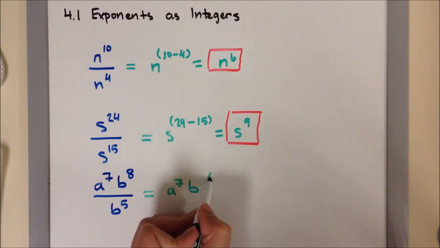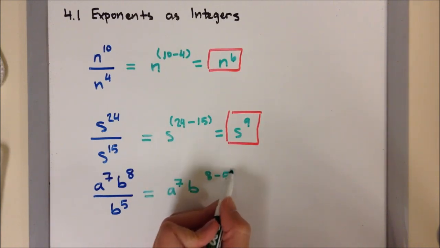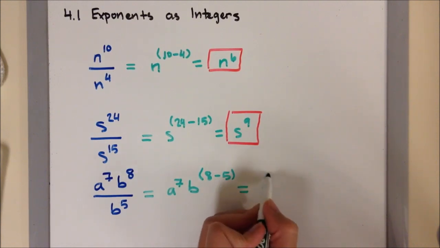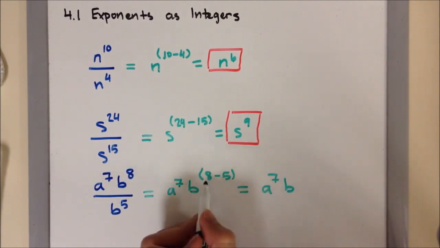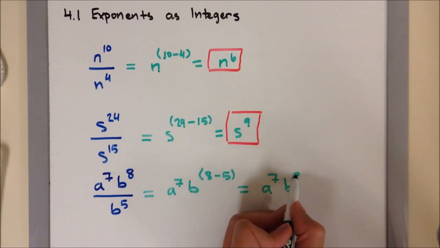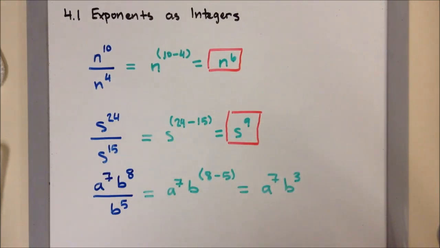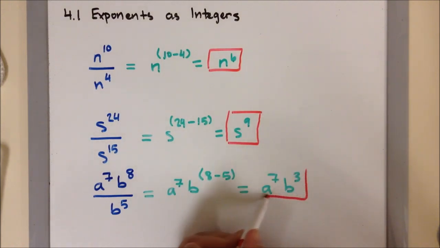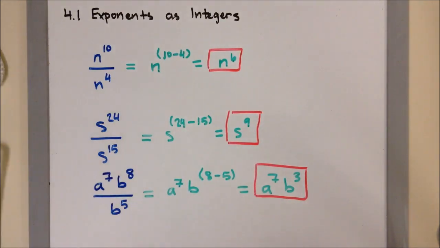So 8 minus 5. So it's going to simplify into a to the 7th power, and then b, 8 minus 5 would be to the 3rd power. So that will be our final answer. And that's all we have to do.